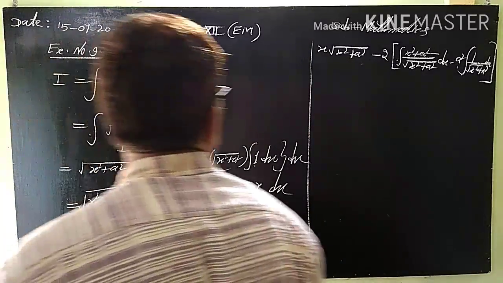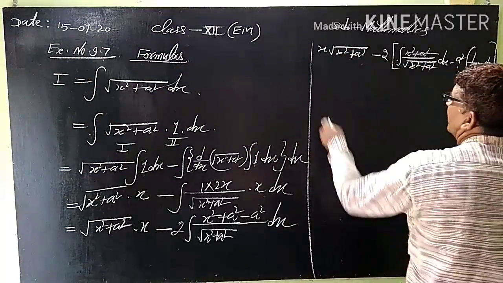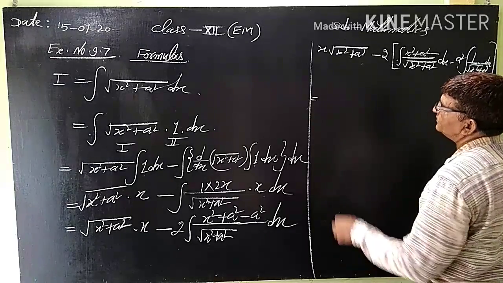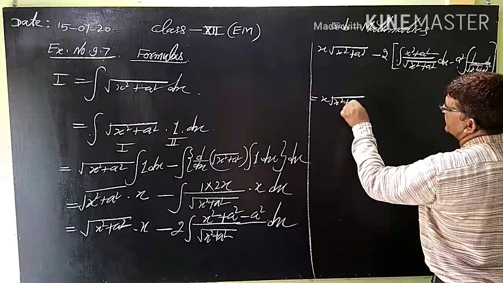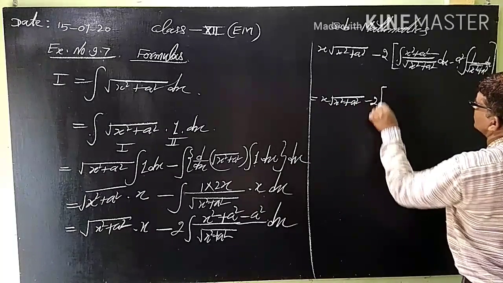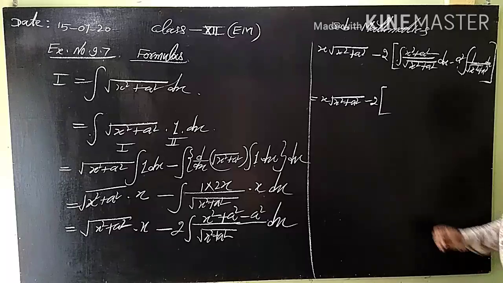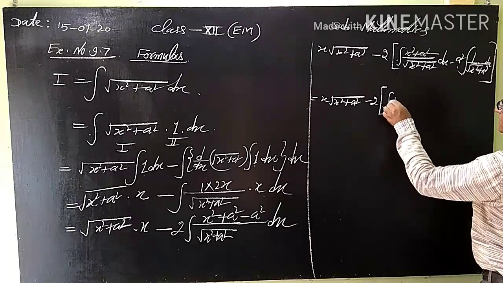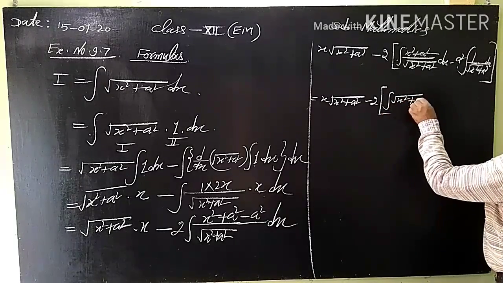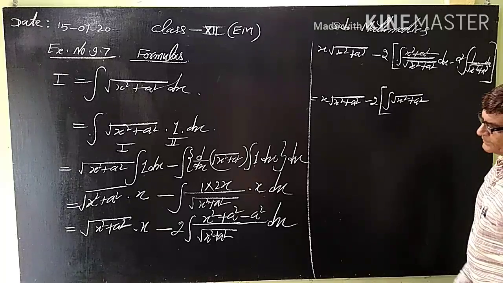Now it is equal to x under root x square plus a square minus 2, and if we divide, it will become under root x square plus a square.